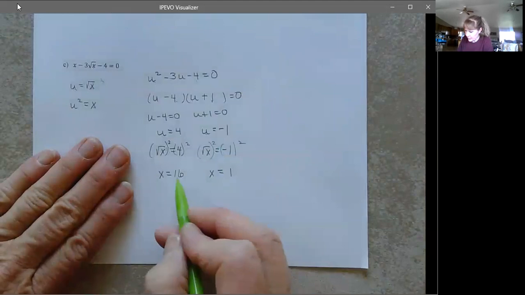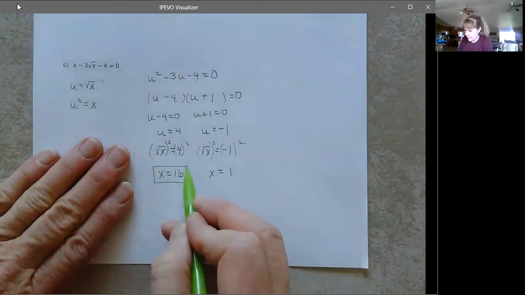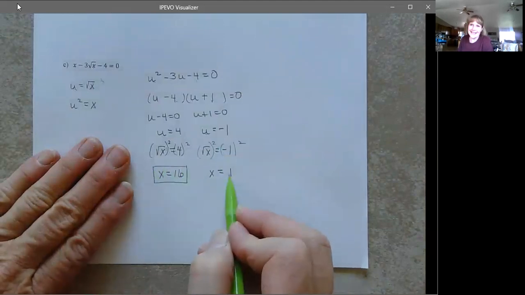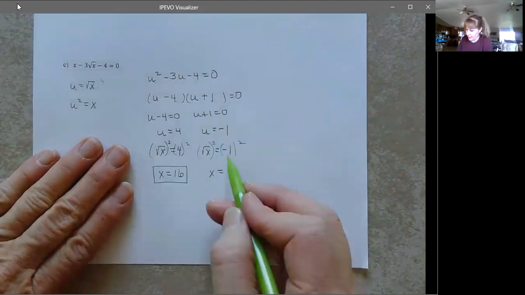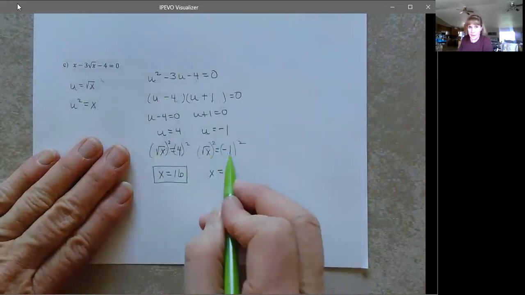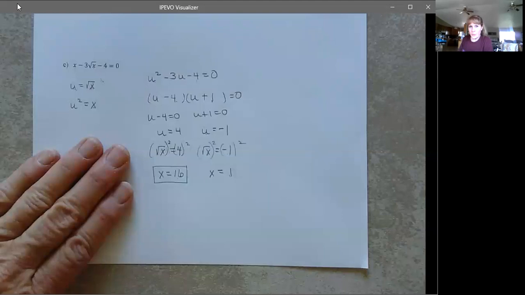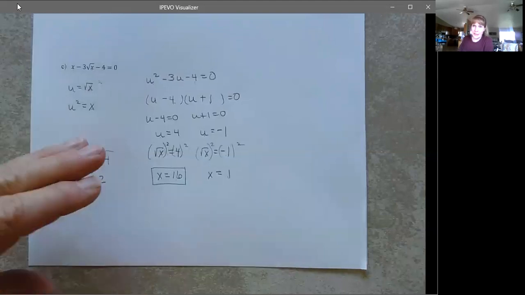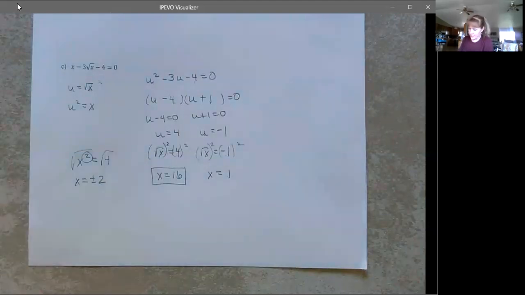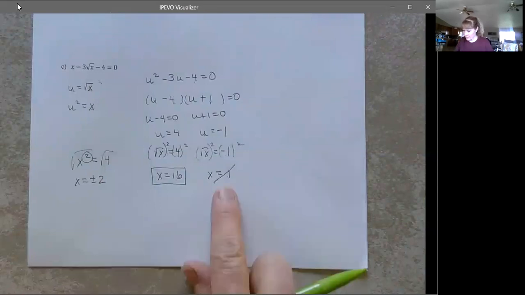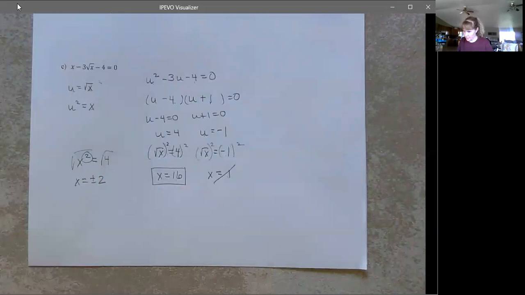If you substitute in the 16, it works. If you substitute in the 1, it doesn't work. If you didn't recognize here that the square root doesn't equal the negative 1, we're not working with imaginary numbers. It could have been i squared, but no. We'll just go with the real numbers, real solutions.